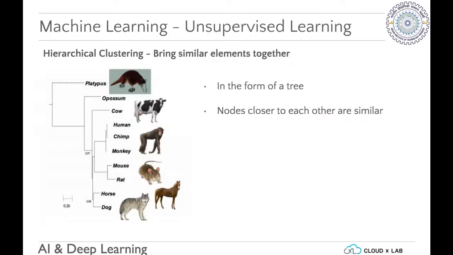A very good example is what biologists such as Darwin did: they arranged the species into a hierarchy based on their characteristics, like whether they are mammals or not, how many years they live, how much they weigh, what they eat, how many legs they walk on, and so on.